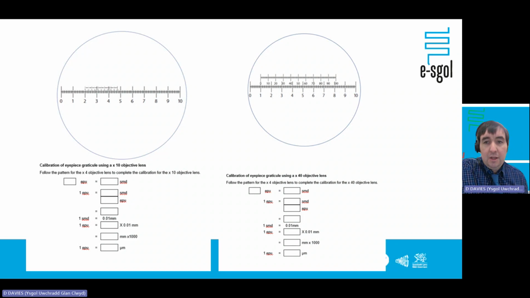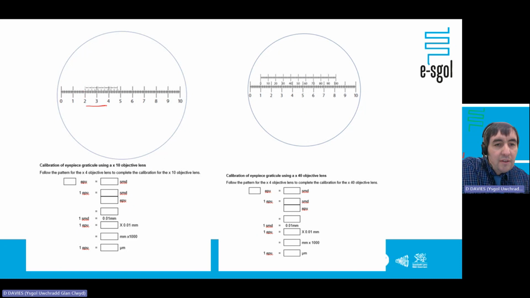So the one on the bottom is the stage micrometer, and the one on top is the eyepiece unit. Now you are probably not going to be able to see the first one. But if I tell you, we've lined it up at 2 there.